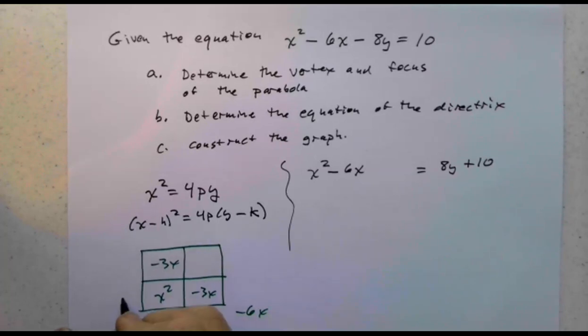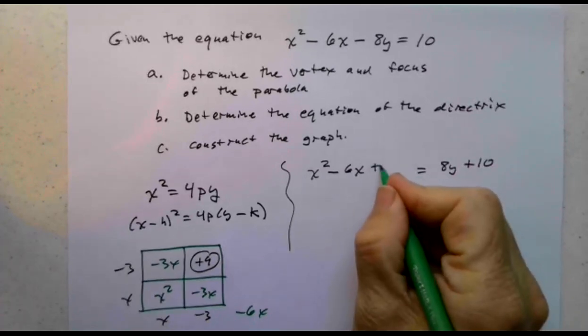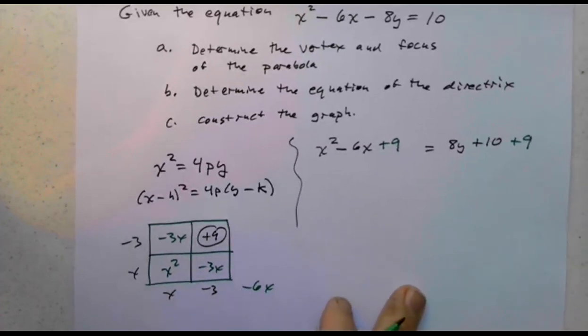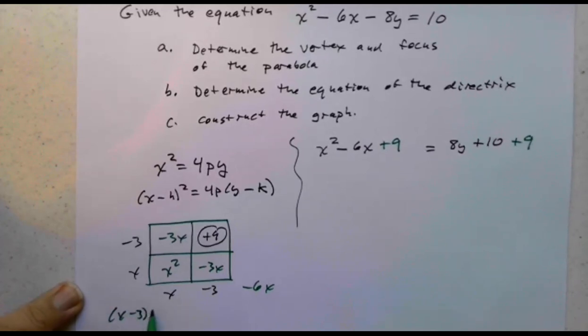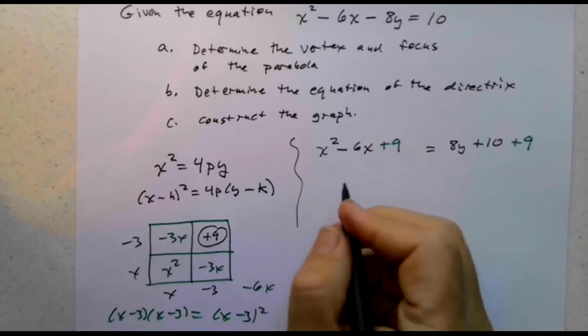Negative 3 times negative 3 is positive 9, so I have to add 9 to both sides. That's (x minus 3) times (x minus 3), which is the same as (x minus 3) squared. So what we get here is (x minus 3) squared equals 8y plus 19.